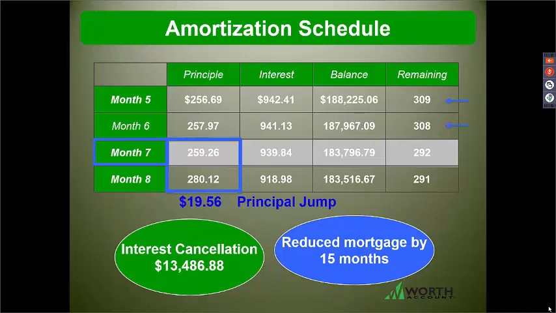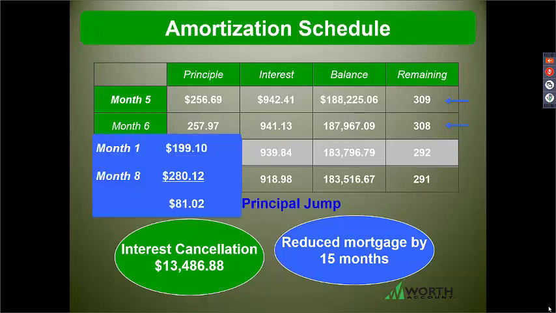We're just starting to win. We start to get excited. We see results happening almost immediately. In the last 8 months, our principal payment has grown by over $81.02. If you remember, on that first year, our principal payment was only supposed to be $210. So we're at $280.